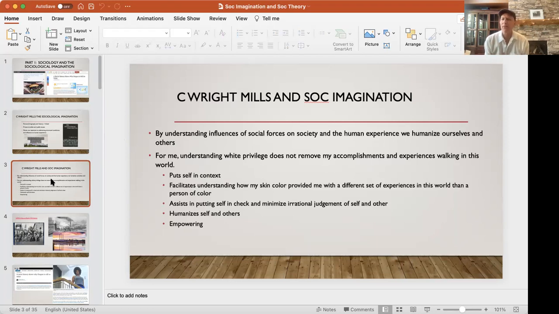A couple of other points about the sociological imagination. If we see the social forces, we also humanize ourselves and we humanize others. If I understand the history of immigration in the United States, and specifically immigration policy going back to the 1800s, where we had the Chinese Exclusion Act, the first act where a particular racial group was excluded from immigrating to the United States, and I understand it all the way through to the present, I can better understand some of the rhetoric among politicians and others in mass society.